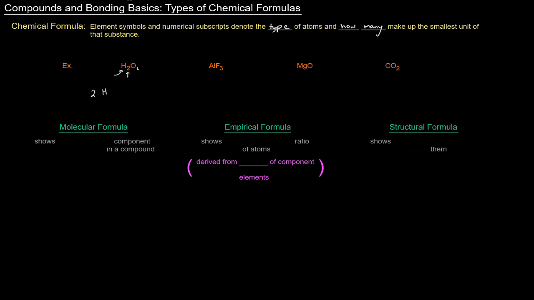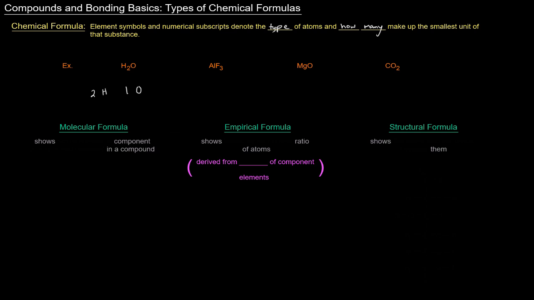So that's telling us that we have 2 hydrogen atoms and 1 oxygen atom for every 1 molecule of water. And I say molecule because these are both nonmetals.